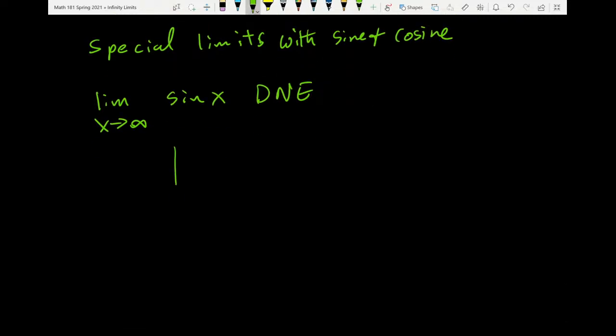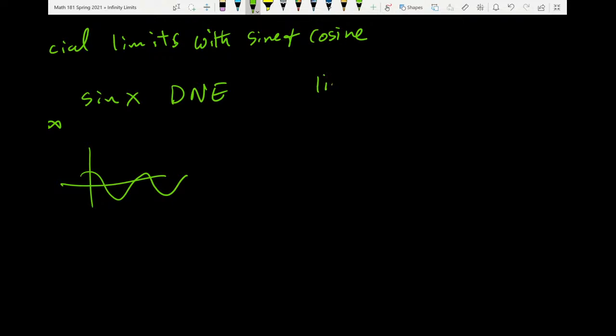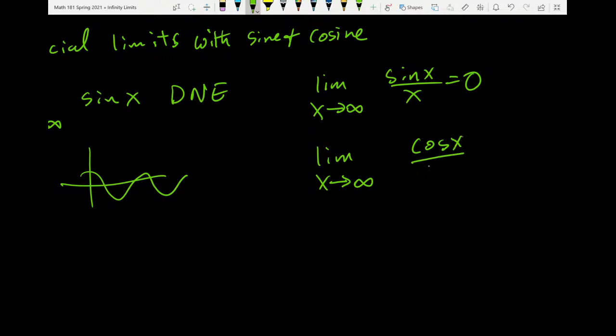Here's the reason why. The graph of sine oscillates, going between negative and positive, so therefore it doesn't exist. But the limit as x goes to infinity of sine of x over x is 0, and the limit as x goes to infinity of cosine of x over x is 0. That's very interesting. Even though the limit doesn't exist, when you divide it by x, you get 0. How is that? Later on, we're going to look at L'Hopital's rule, and that tells us how to get it.